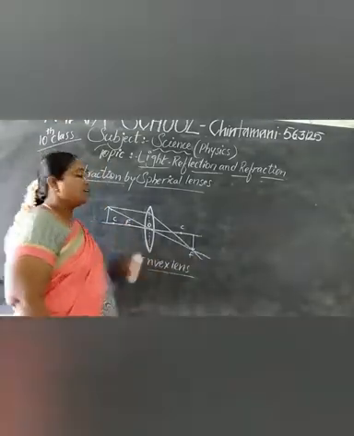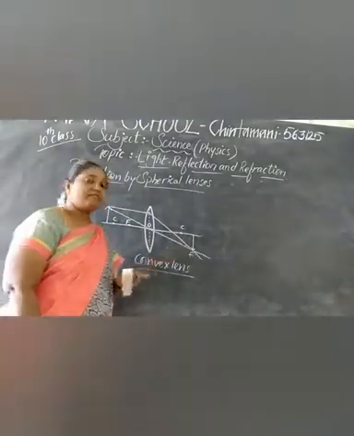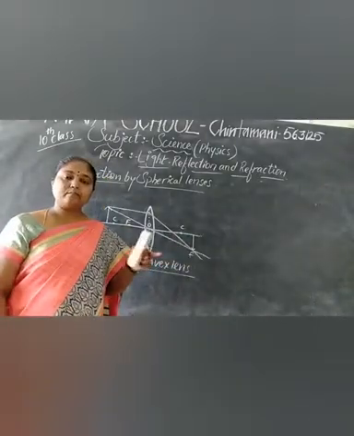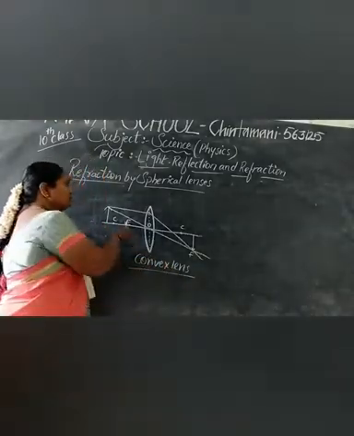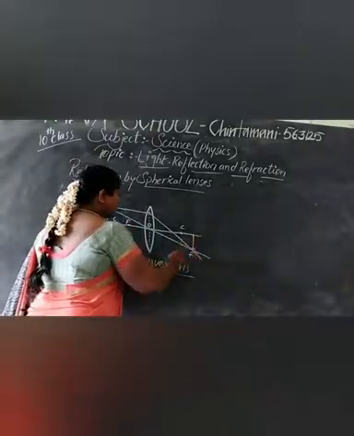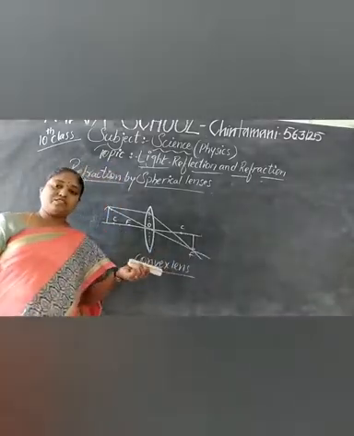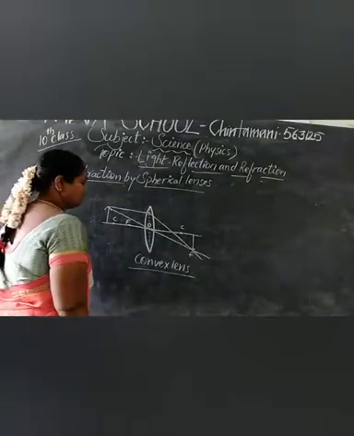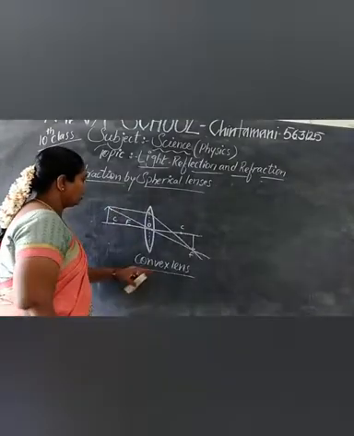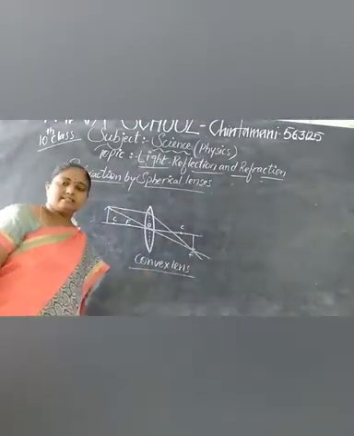Capital F is the principal focus, small f is the focal length. Meeting is nothing but converging, so this is the converging lens. So these are the points regarding these lenses.